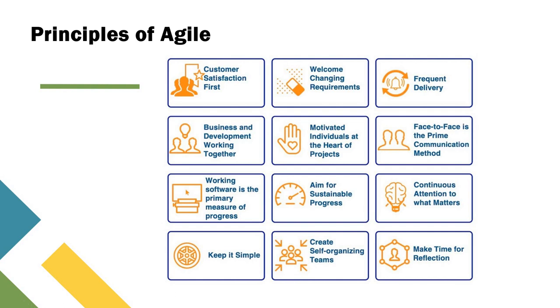And let's look into the key principles of Agile. There are around 12 principles of Agile. The first one is customer satisfaction: customer satisfaction through early and continuous delivery of working software.